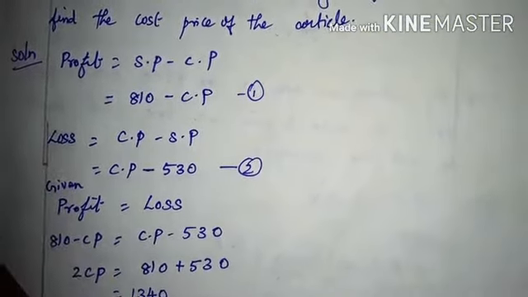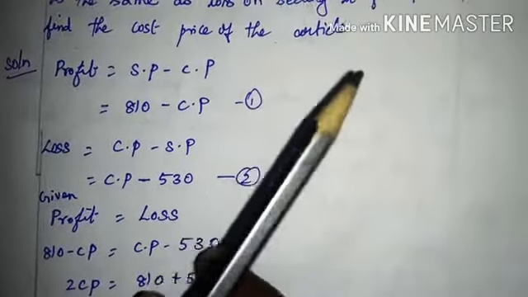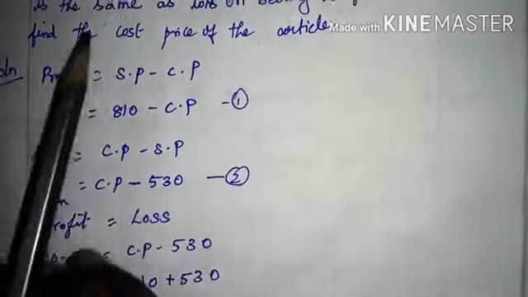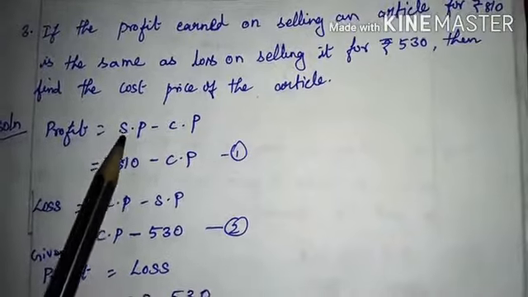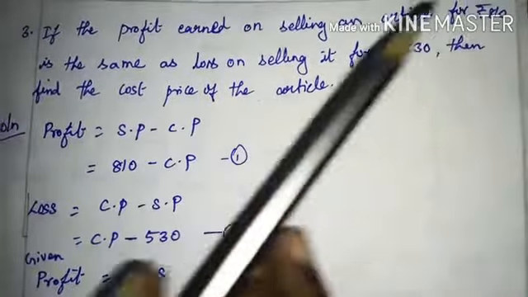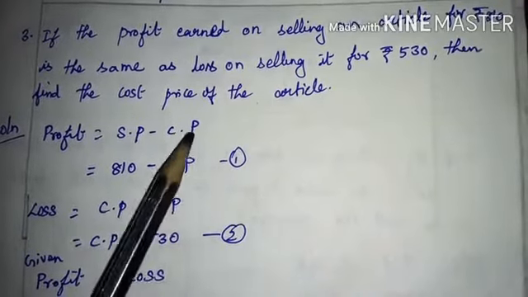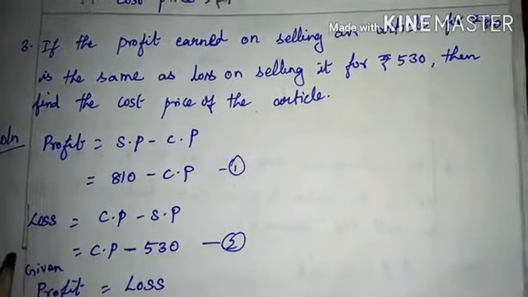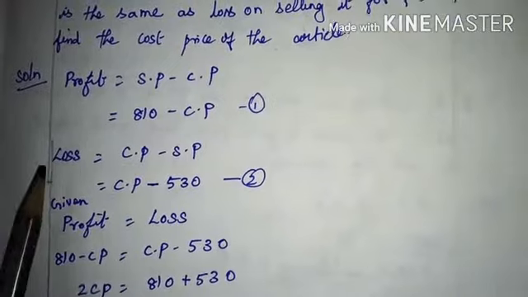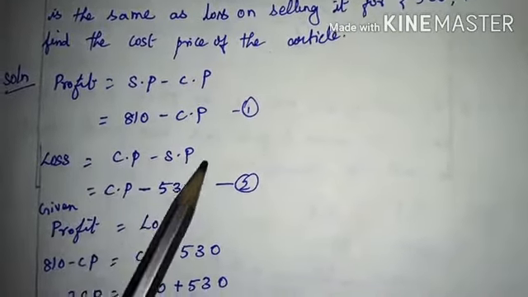With that, you have to find the cost price of the article. First one is the profit. The profit is SP minus CP. The SP is given as 810. You have to find the CP. And in the second one, they have given the loss, where loss equals CP minus SP.